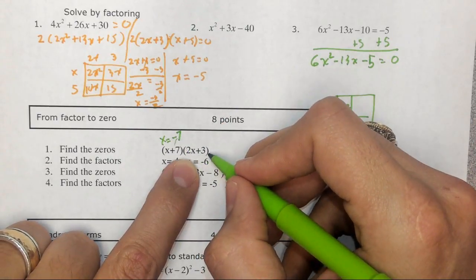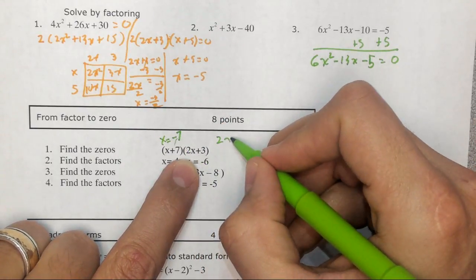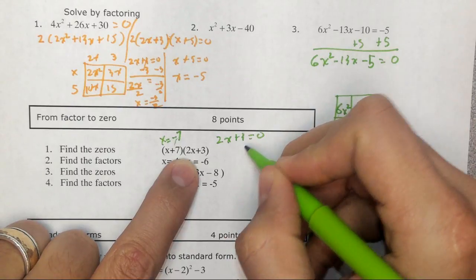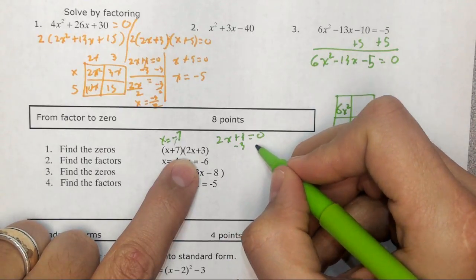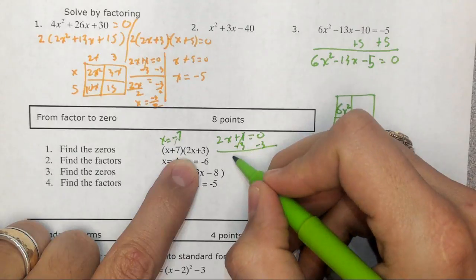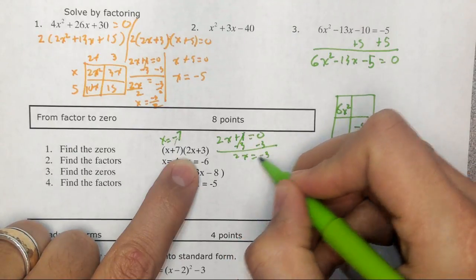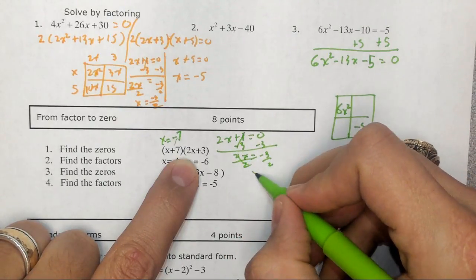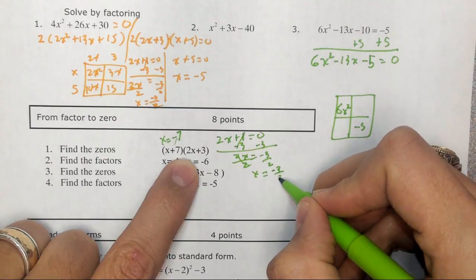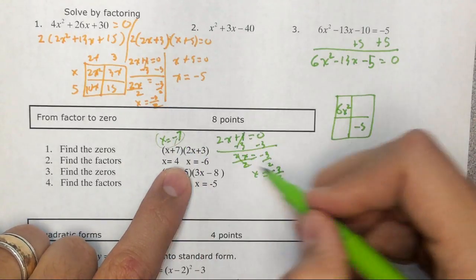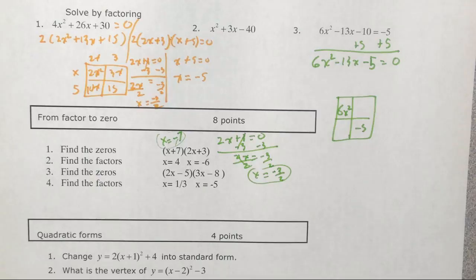The 2x plus 3 we have to set up. 2x plus 3 equal to 0. Minus 3, 2x equals negative 3, divided by 2, x equals negative 3 over 2. So those are the answers for number 1. For number 2, you work backwards.